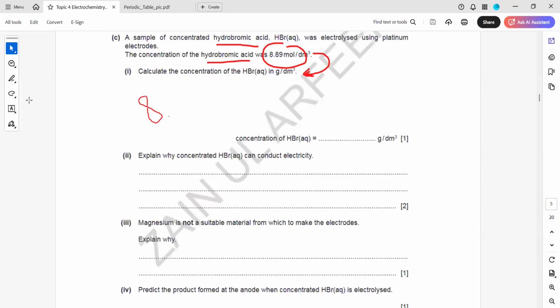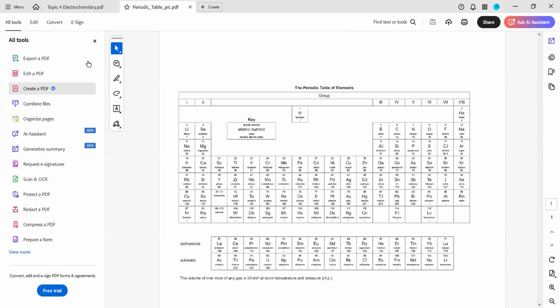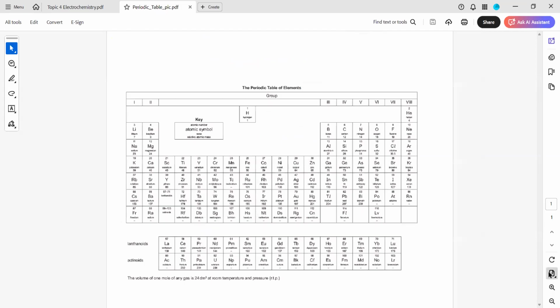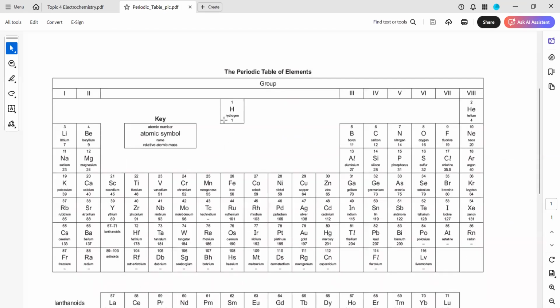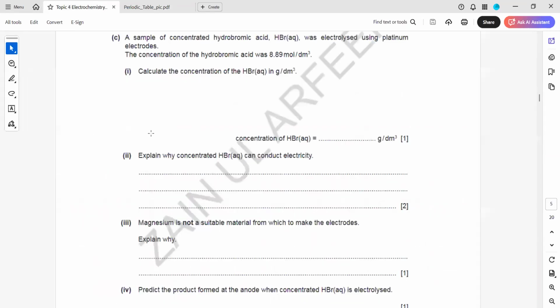We will check the periodic table for the molar masses. The molar mass of hydrogen is 1, and the molar mass of bromine is 80. So what is the molar mass of hydrogen bromide, HBr? 80 plus 1 makes 81. So the molar mass is 81.